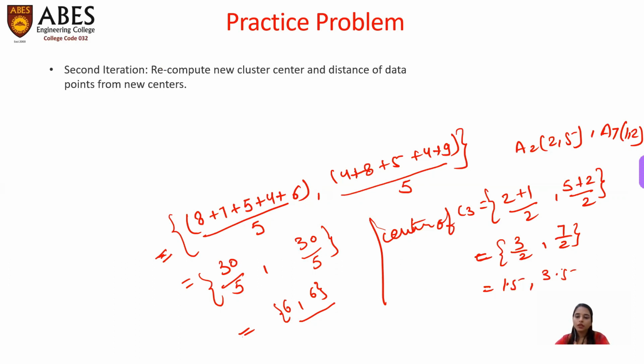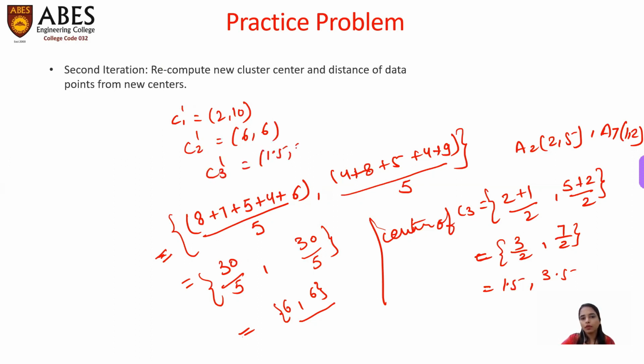Okay. So again, now we have 3 centers of the newly formed clusters. C1 dash is equal to 2, 10. C2 dash is equal to 6, 6. And C3 dash is equal to 1.5, 3.5. Okay.